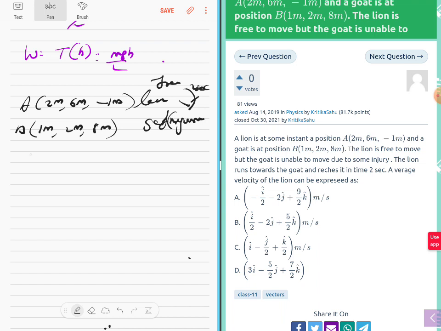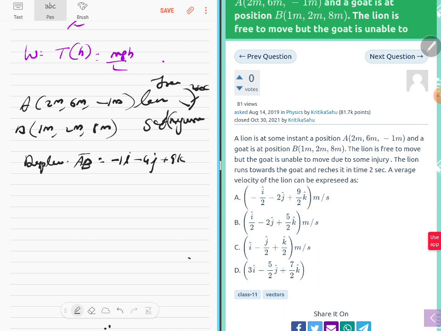So we know the displacement. Let's find the displacement. The line to run towards the goat is AB vector, which is B minus A: 1 minus 2 is minus 1i, 2 minus 6 is minus 4j, and 8 plus 1 is 9k, and that is the displacement.